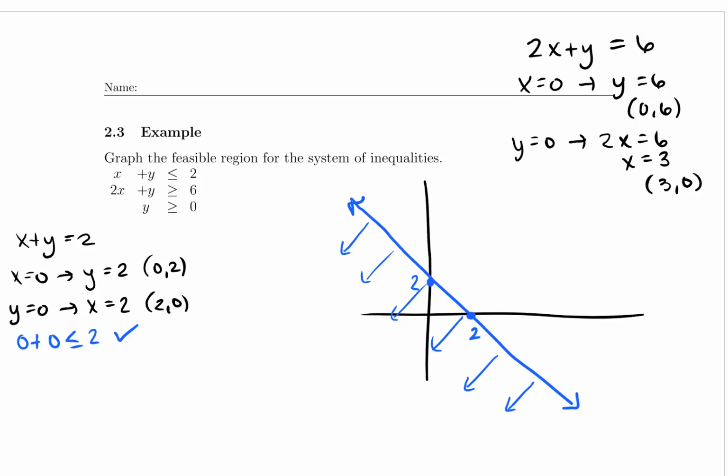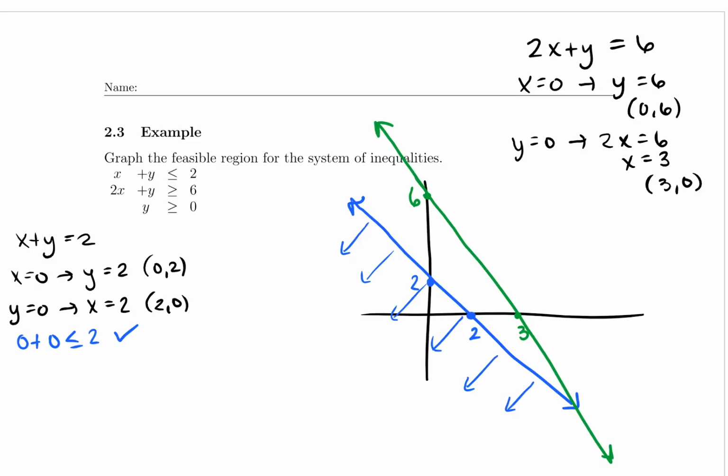So let's go ahead and graph this. We have a point at 3, 0, and we have a point at 0, 6. Okay, roughly here. And let's go ahead and connect these with a solid line because our inequality says or equals. Okay.